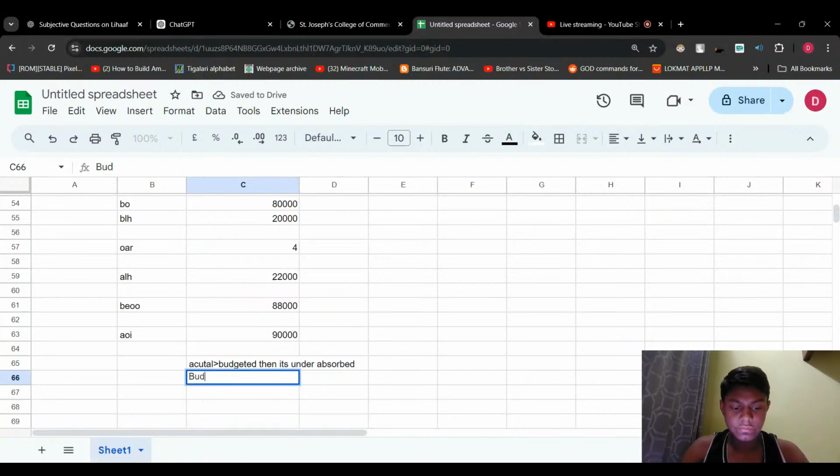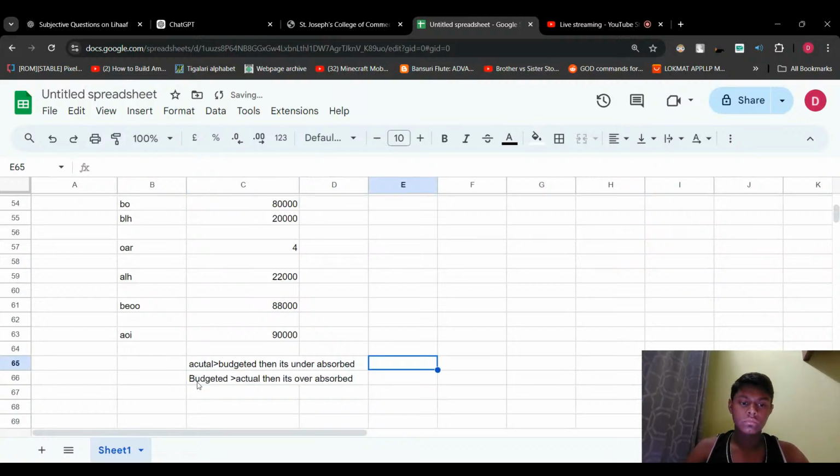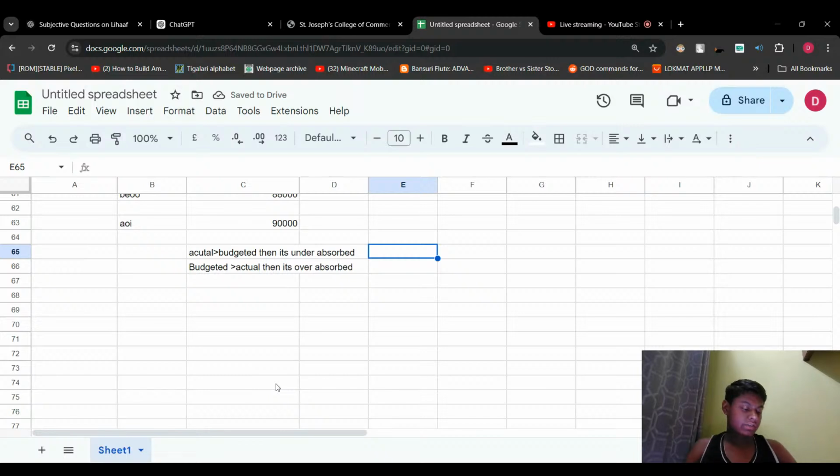If budgeted is greater than actual, then it's over absorbed. That is the basic thing.